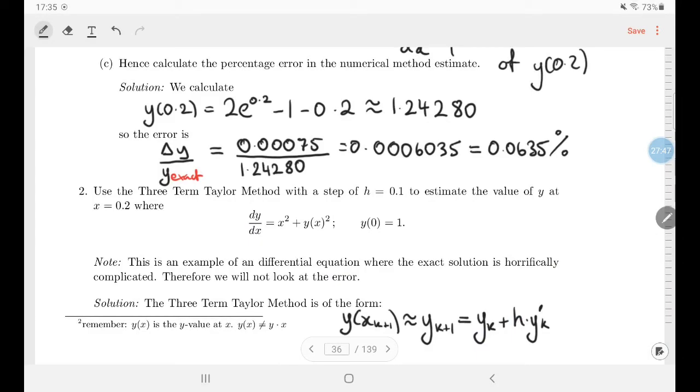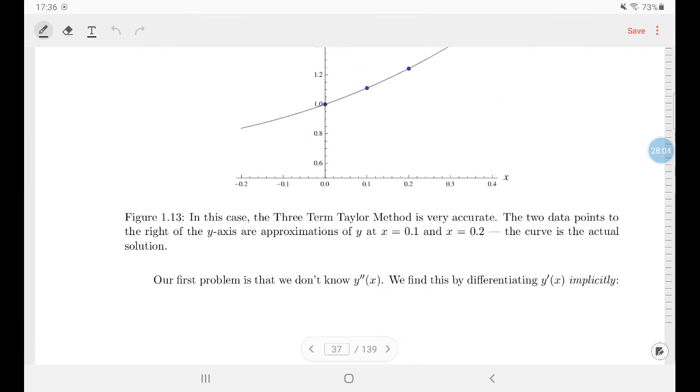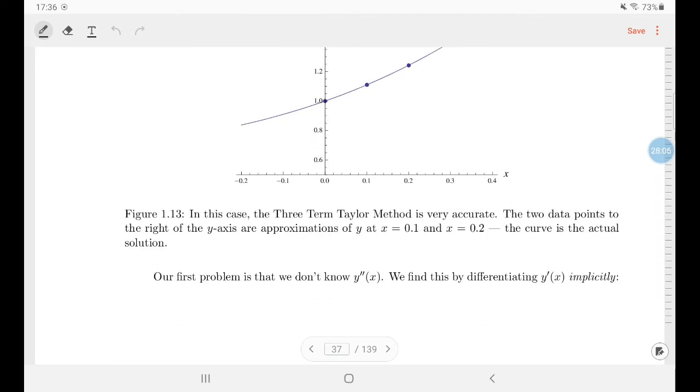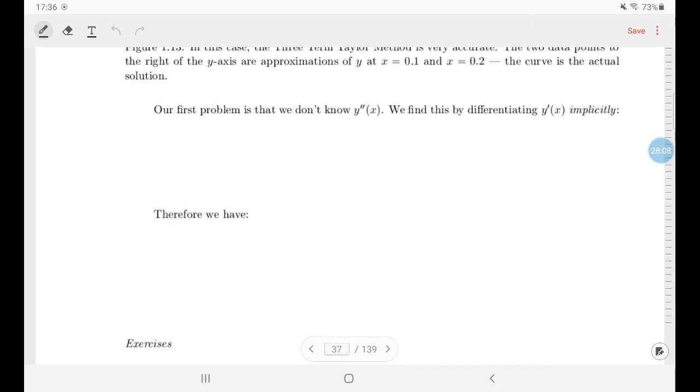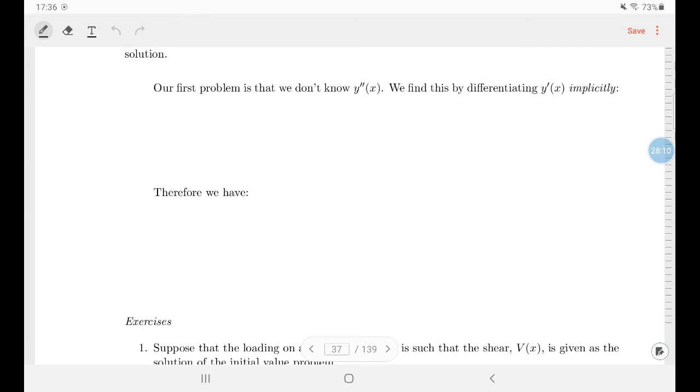The k plus 1 means next, k means previous in that sense, plus h squared over 2 times the previous second derivative. Okay, so that's what we'll be using. I think we'll be going back to this picture afterwards. The first problem is we don't know the second derivative.